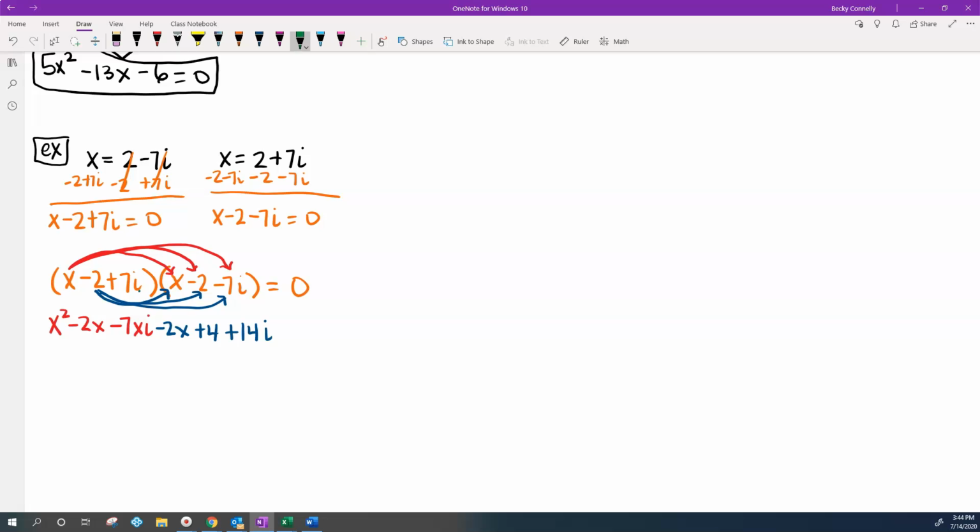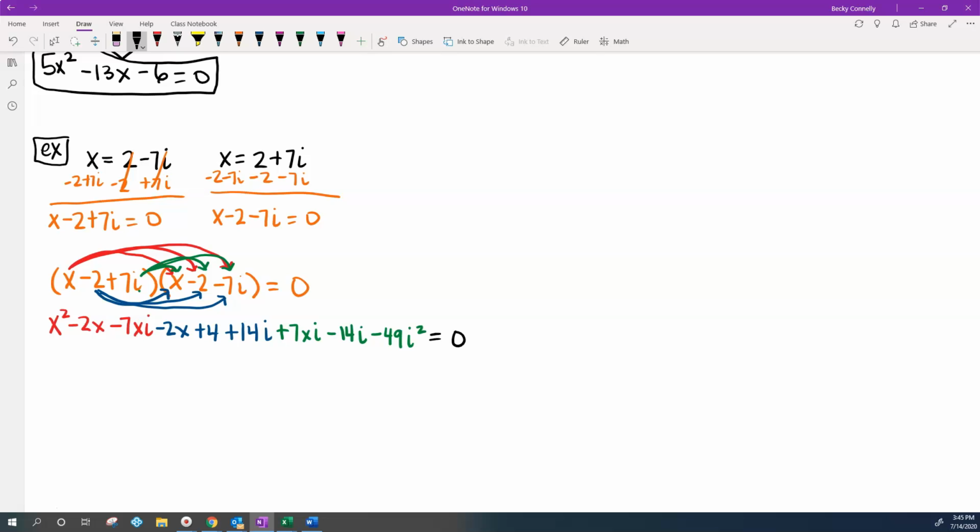So 7i times x is going to give me +7xi. And then 7i times -2 is -14i. And then the last one there is going to be -49i squared. And this all equals 0.